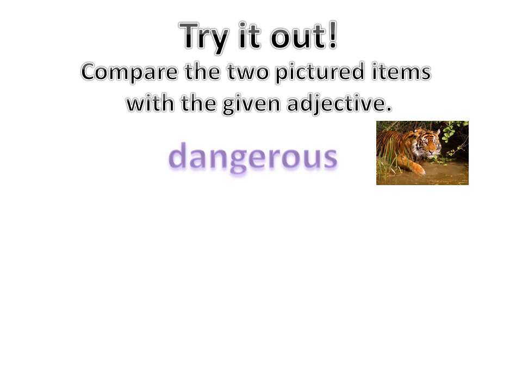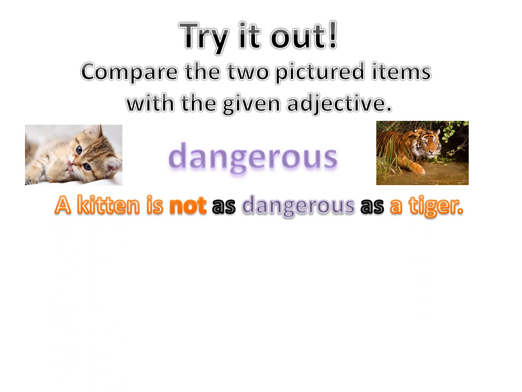Now, another animal that's not dangerous at all is a kitten. How do we use a comparison with as to express the difference between a kitten and a tiger? We can say a kitten is not as dangerous as a tiger.